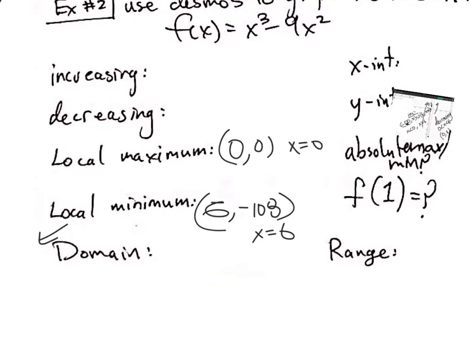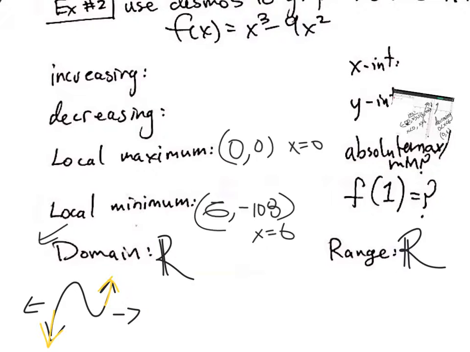The domain, so this function basically goes like this, meaning it keeps going down and left, and it keeps going up and right. So the domain is going to be all real numbers. It doesn't stop going to the right, and it doesn't stop going to the left. The range as well is going to be all real numbers because it doesn't stop going up, and it doesn't stop going down anywhere.